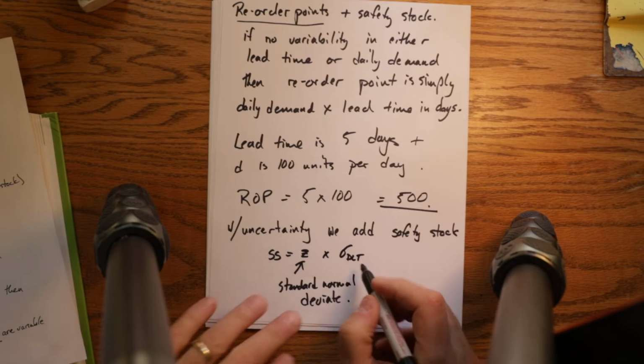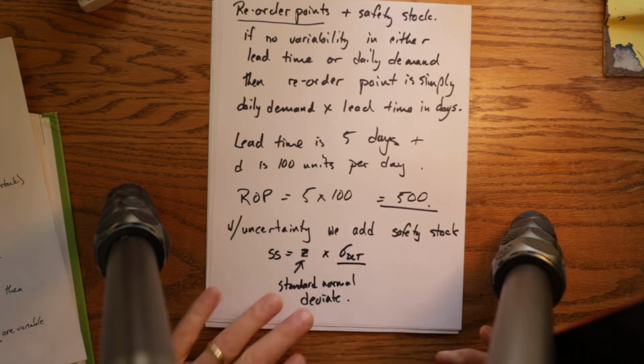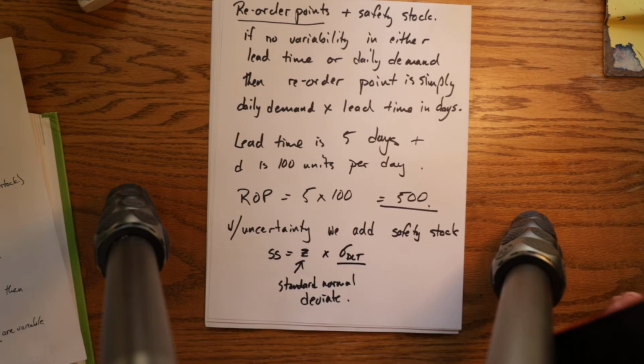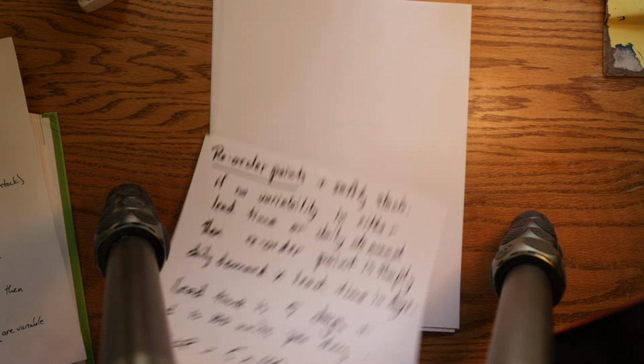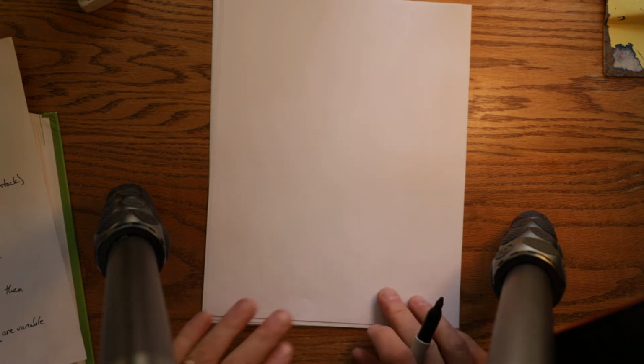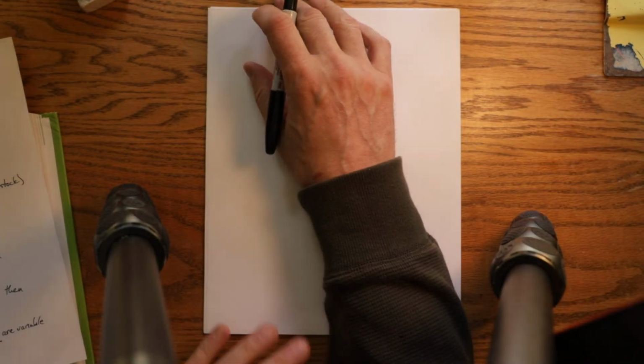So this is a number that is the standard deviation, or represents the uncertainty associated with your lead time.